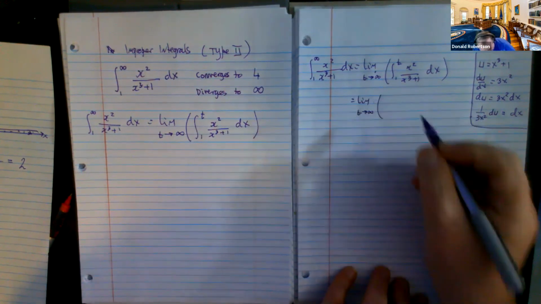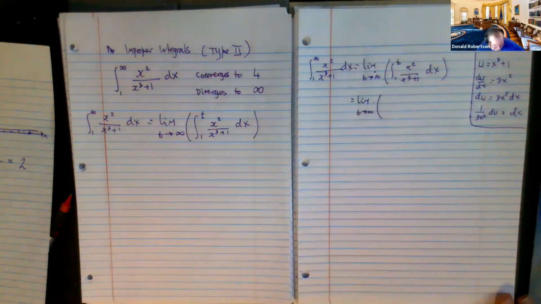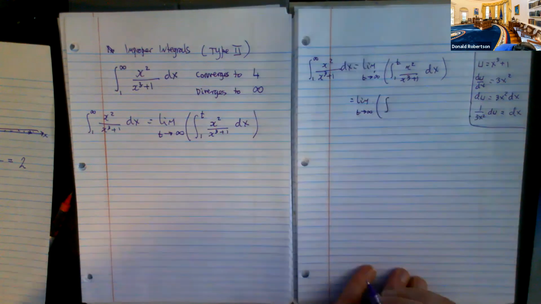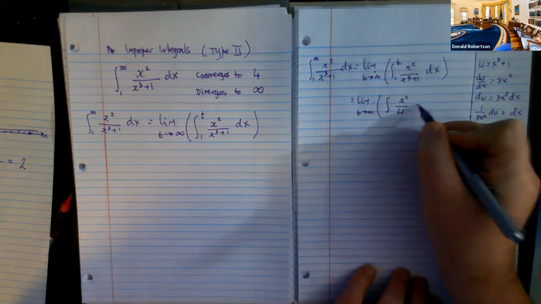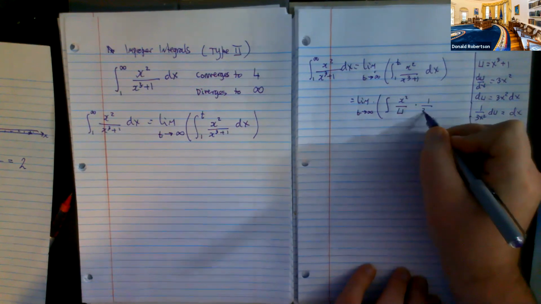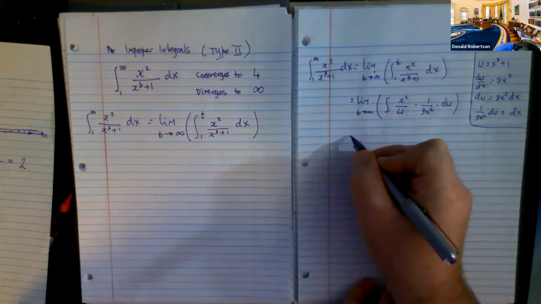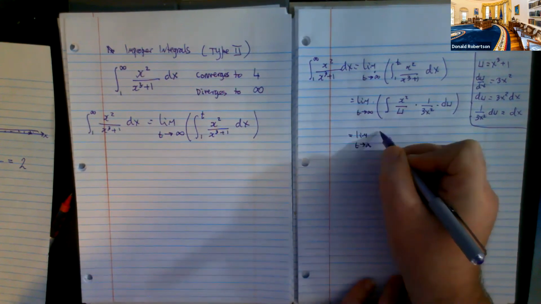Whenever you do a u sub, this 1 in the t should disappear until you get back to the x's. So I'm just going to call it that guy right now. And I've got an x squared over a u times 1 over 3x squared du. And what I've now got is cancel.